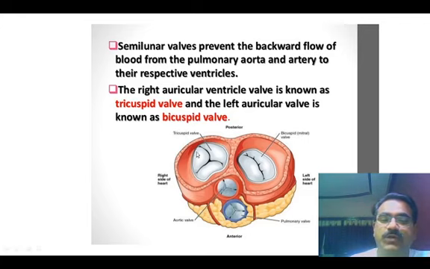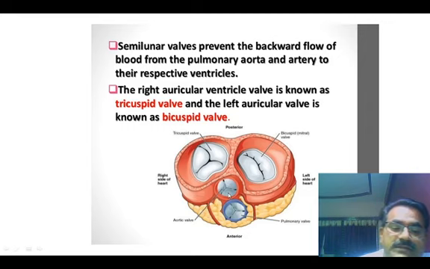This type of valves present at the junctions of the right and left auricles are specialized valves: the tricuspid valves, and here the bicuspid valves.